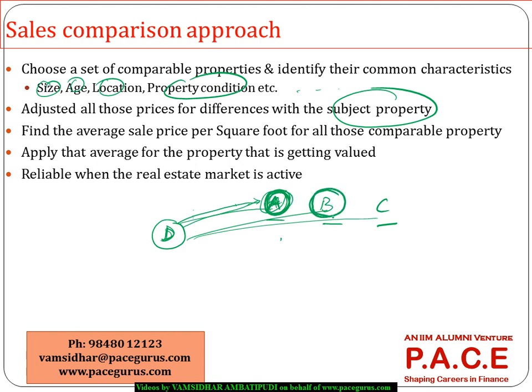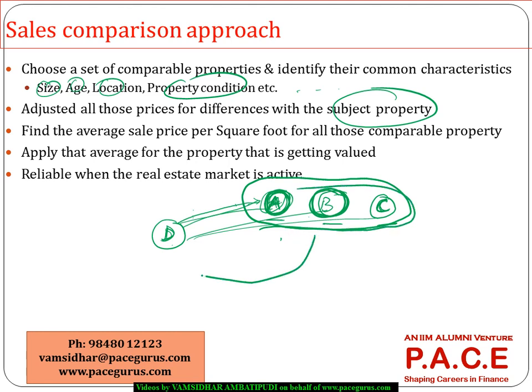Do the same with B: if all the properties of B were the same as D, at what price would it have been sold, more or less? Capture that. Do the same with C. After that, find the average price per SFT, and apply that average price per SFT to D using the area of D to find the value of that property. This is a very good approach, especially when the real estate market is very active.